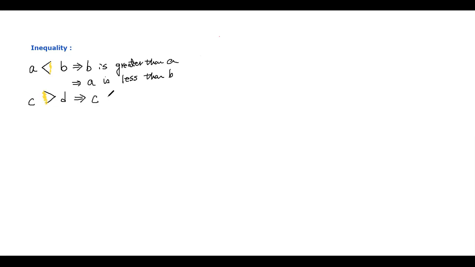We say C is greater than D, or, because it's open to C, D is smaller, so D is less than C. So when you read an inequality sign, it depends on where the opening is.